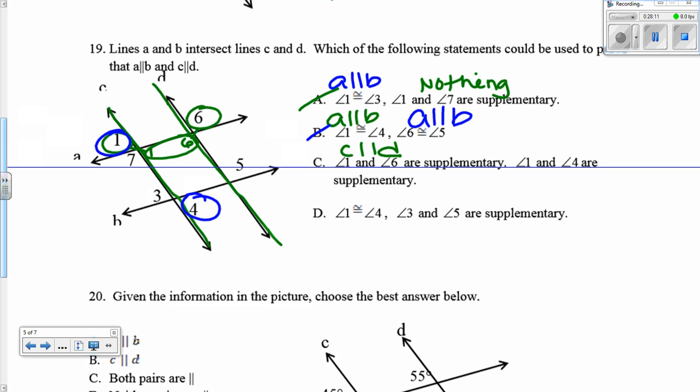Well, 1 and 4 are alternate exteriors. So if those are parallel, those would have to be congruent. So 1 and 4 doesn't tell me anything. So it can't be C. Which would mean it has to be B, or D, I mean, sorry. It has to be D, but let's make sure we can figure out why.